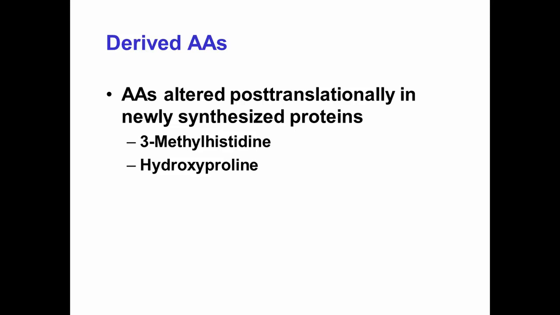We used to use this as a surrogate for lean tissue. We don't use it anymore because it's not a very sensitive measure of muscle mass. We've got better methods to use. But once it's made, it's irreversible. It can't be recycled back to histidine, and it goes out in the urine. So that's how we took advantage of that in the old days to try to get at muscle mass.